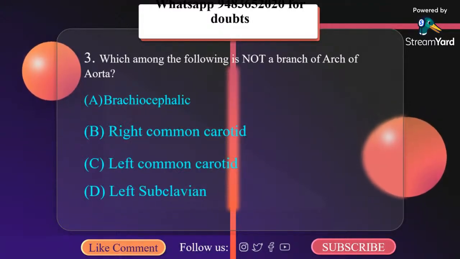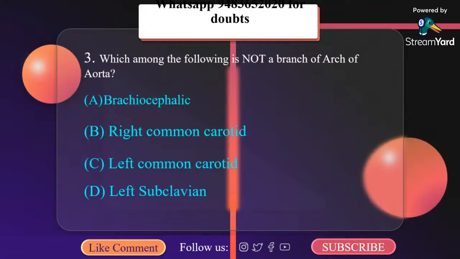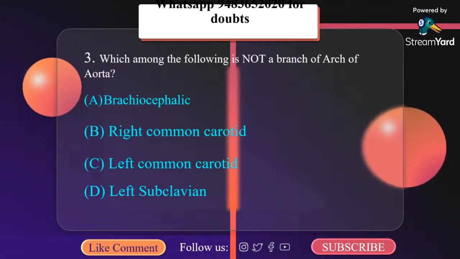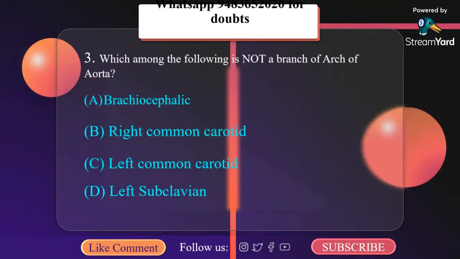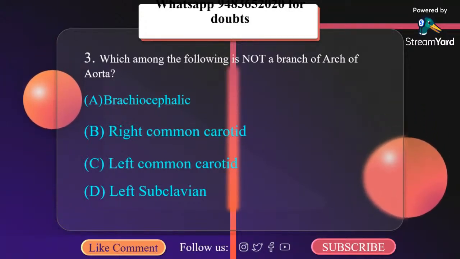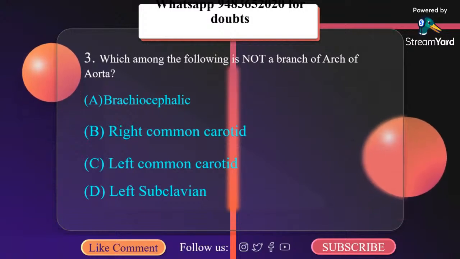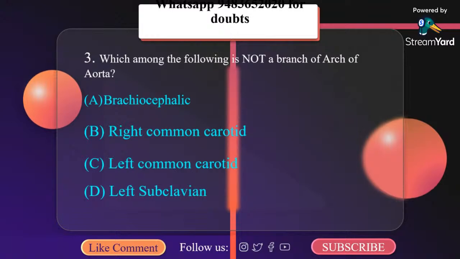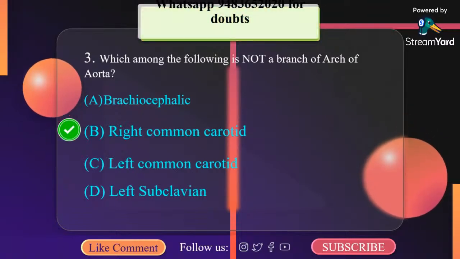Look at the options, they are there. So right common carotid artery is not a branch of arch of aorta. So the correct answer here is B.